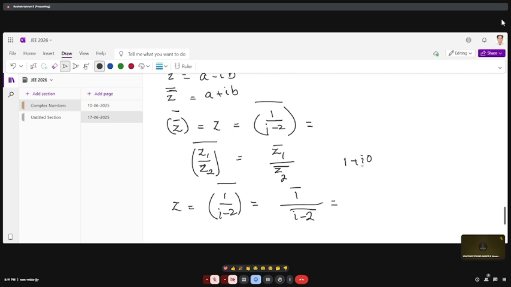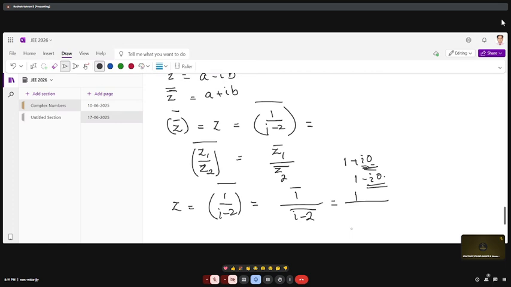We only change the sign of the imaginary part; the real part is kept as it is. So it will become 1 minus I0. I0 anyway is 0, so it will still remain 1. So the conjugate of any real number is the same. And what is the conjugate of I minus 2?